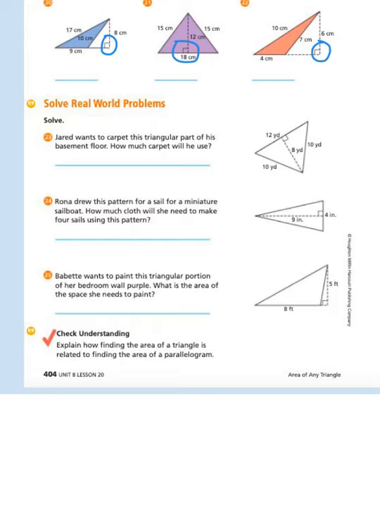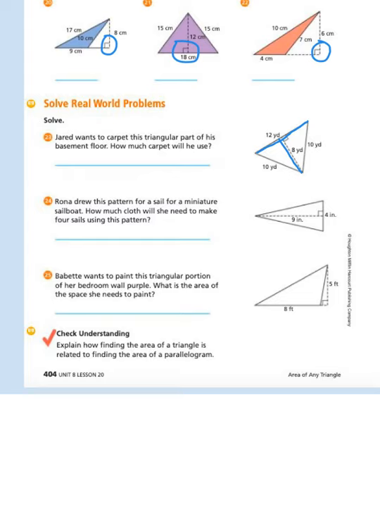So you're going to have to kind of figure these out using the measurements that you have, but thinking about where would the base be, where would the height be, and then do base times height, and then divide that by 2 or multiply it by 1/2 to get your full area of that triangle.